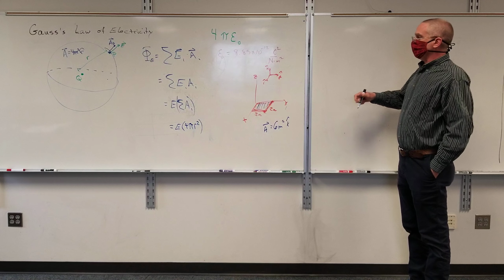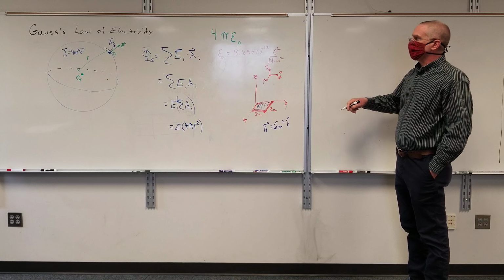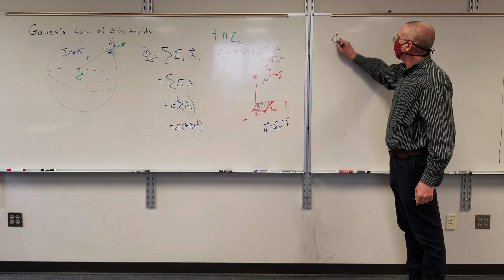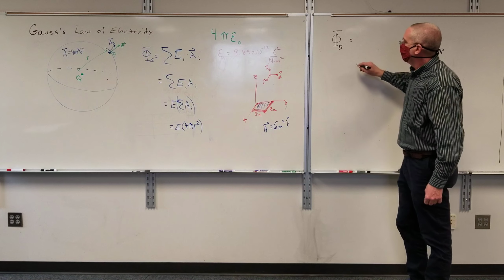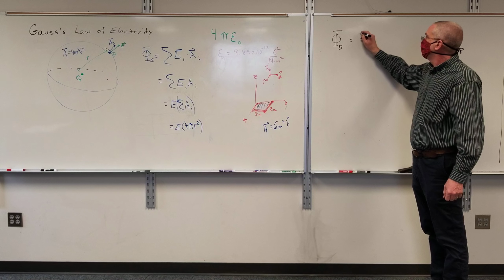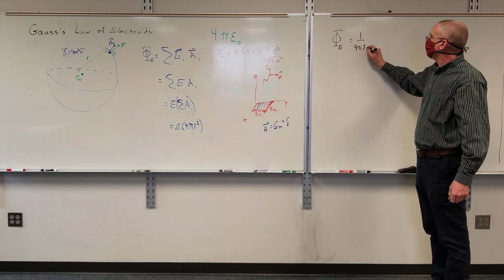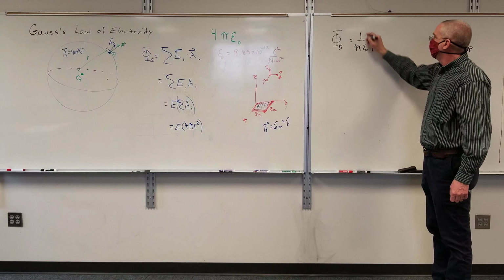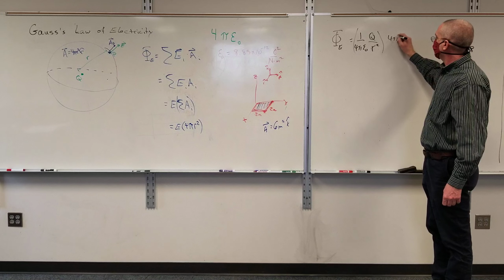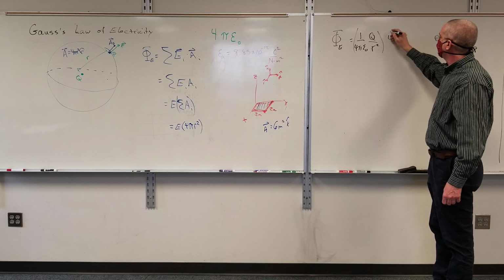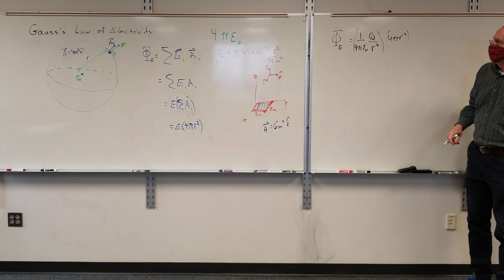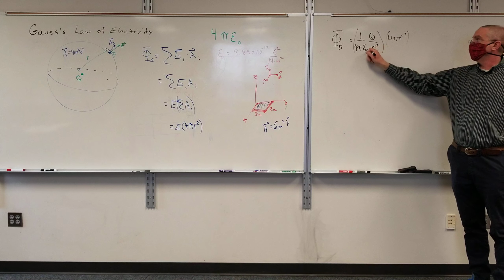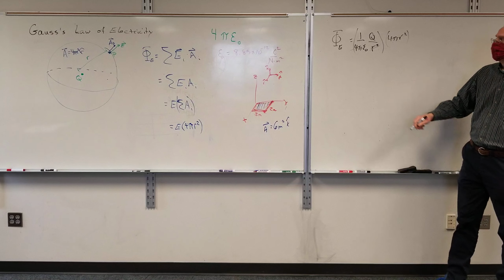Now, my electric field, we already know what the magnitude of that is. That's where we started off. So I've got phi E. My electric field is 1 over 4 pi epsilon sub naught times q over r squared, times 4 pi r squared. And this will simplify, because wow, 4 pi r squared, what a coincidence.